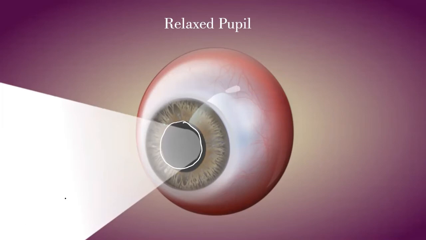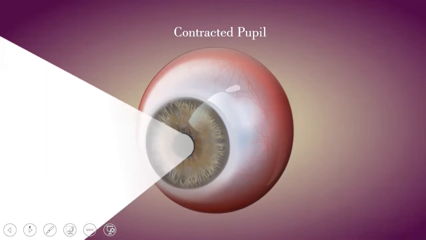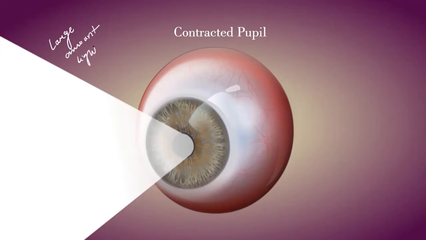Now in the next slide we will see a contracted pupil. A contracted pupil means a large amount of light is entering. Sometimes when you go directly outside the house in the afternoon where the sun is shining brightly, your eyes are not able to accommodate so much light.